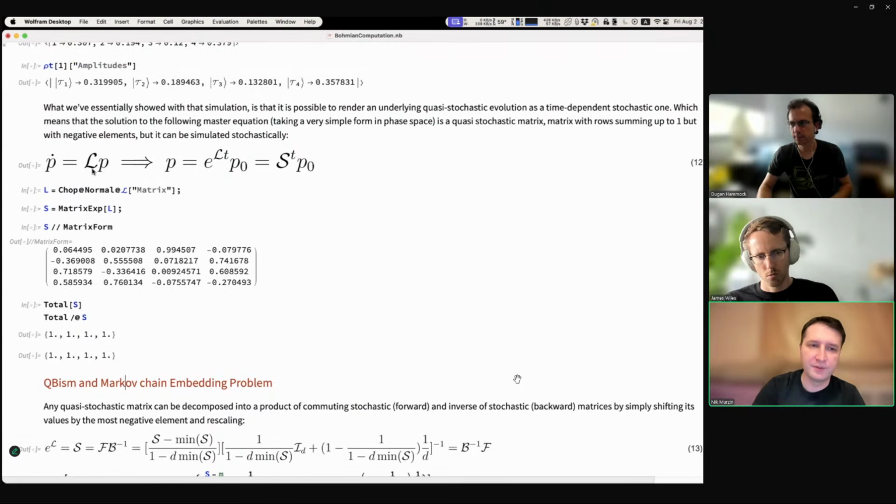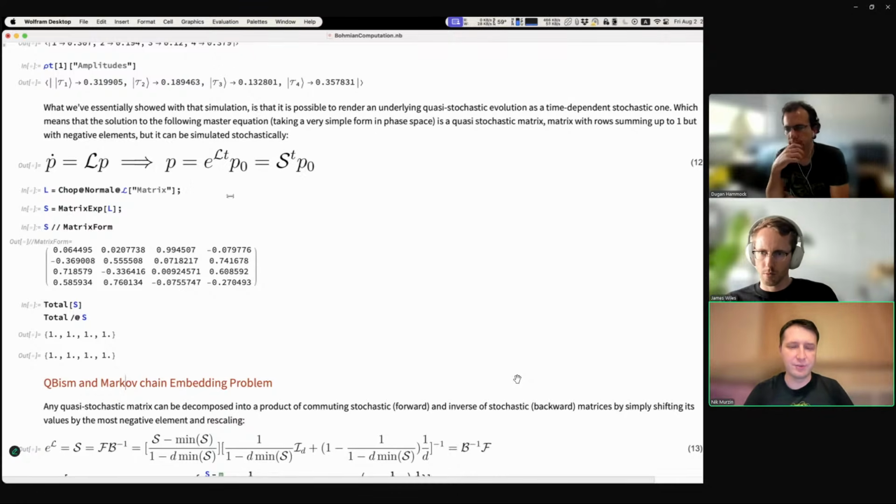There's some matrix, and this is a probability vector, so you have this master equation essentially of how the vector evolves. If it's even time independent, we can exactly solve it, right? So you have a stochastic matrix and your initial probability vector, and you can compute the probability vector at any moment in time. So that's how a quantum gate is applied to the quantum state in this phase space.